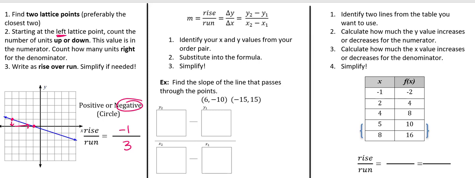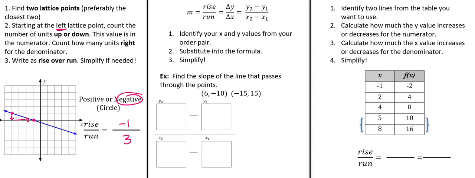Next, we can find slope from 2 points. There is a formula. Here's our formula up here. First thing we need to do is identify our x and our y values. So I'm going to label this 6 as my x1. I'm going to label this -10 as my y1. This is my x2 and this is my y2.